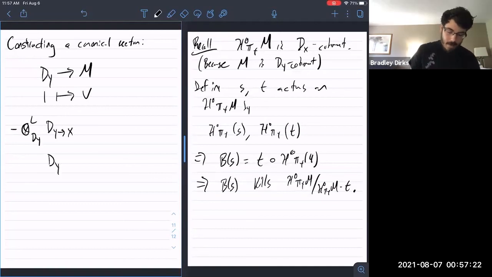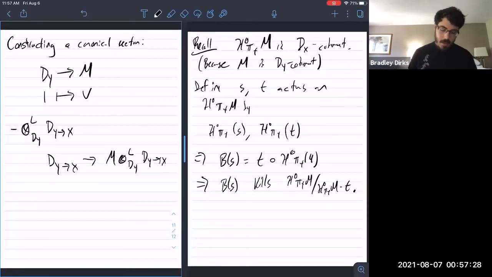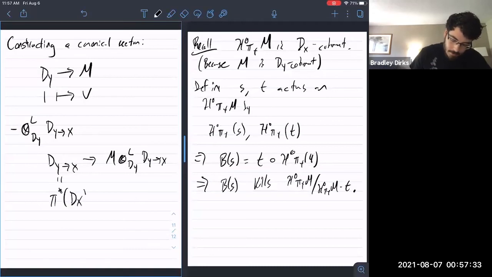That gives us a map from D_{Y<-X} to this M tensor D_{Y<-X}. And remember, this thing was just pi upper star of D_X, which has a canonical element, which is pi upper star of 1 in here.